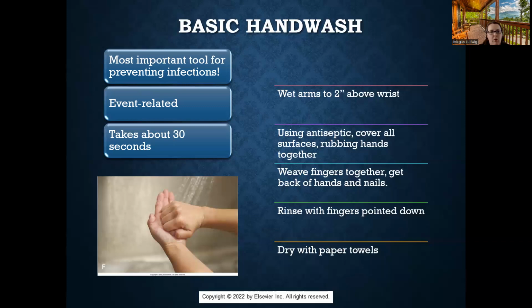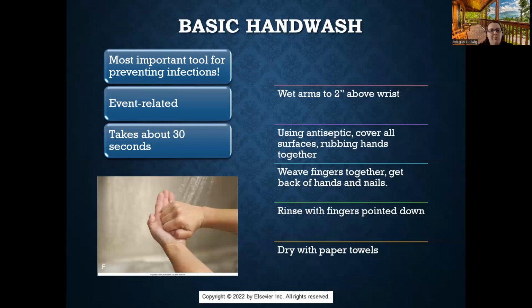Now the basic hand wash is just trying to reduce what we call transient bacteria, the bacteria that shouldn't be there, the bad bacteria. So it is one of the most important tools in preventing infection, just your basic hand wash, because we touch a million things a day, right? You can't go from cleaning up a patient without gloves on and then going to touch the door.